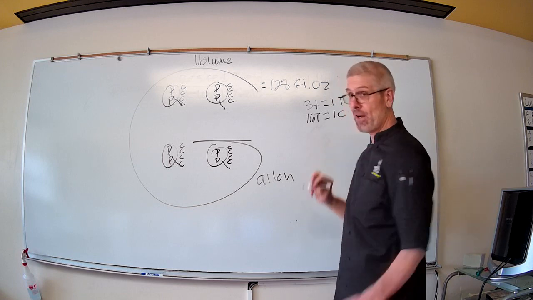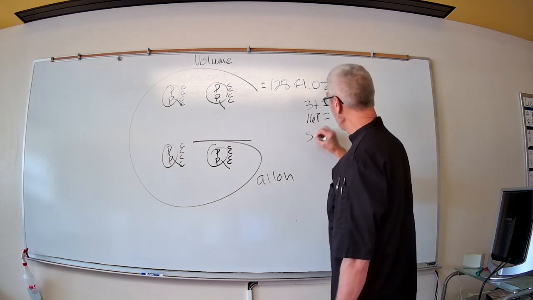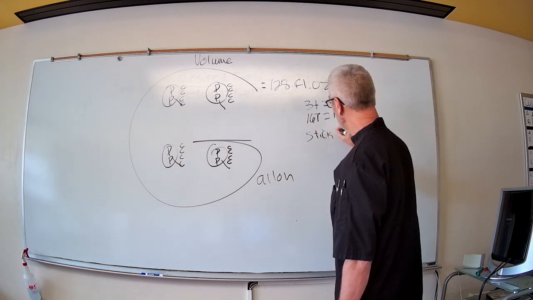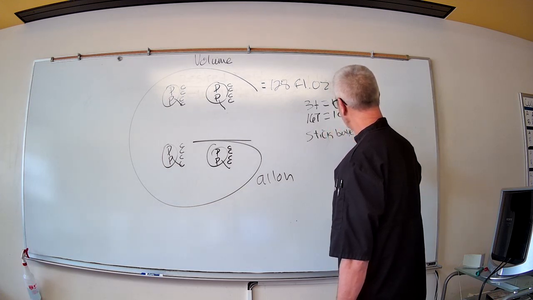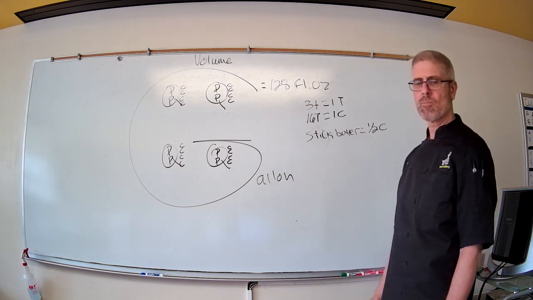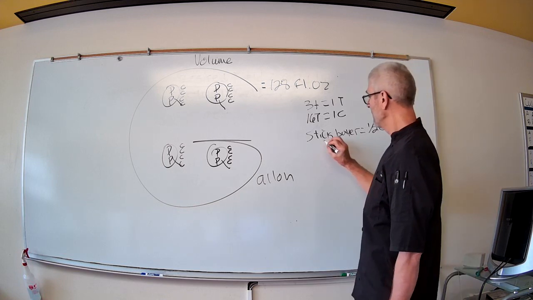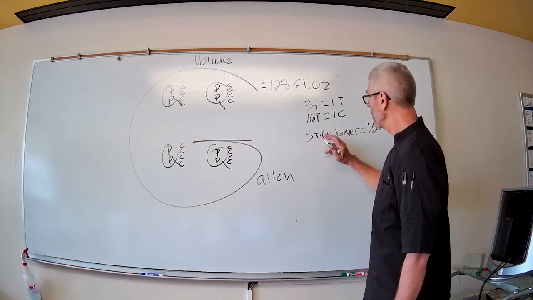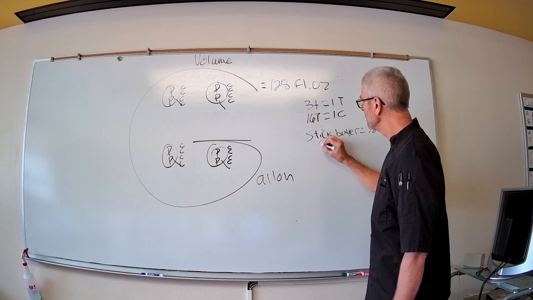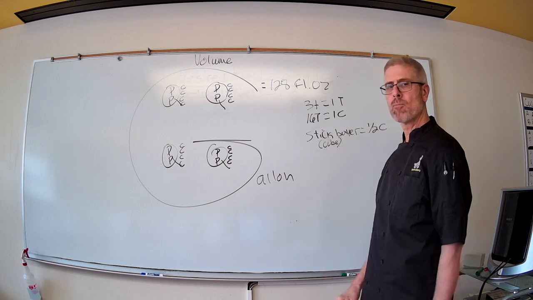You also have to know, and I've referred to this already, right? 1 stick of butter equals 1/2 a cup. This is also known as a cube of butter. Same thing, cube, stick, same thing.